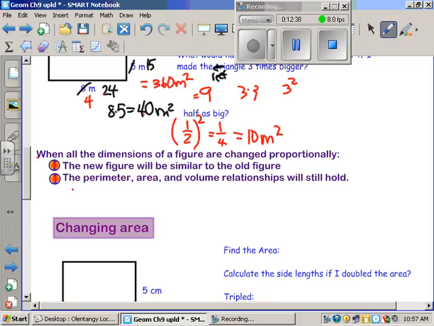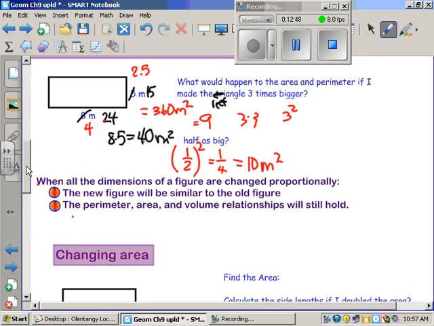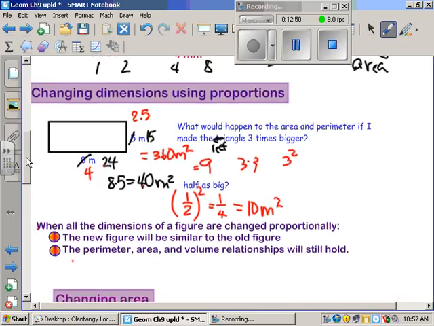Okay? If you want to see how that works, you can try it. All right? The other thing is, let's say instead of doubling both things, we double 1 and triple 1. Okay? Instead of 5 by 8, we have then 10 by 24.